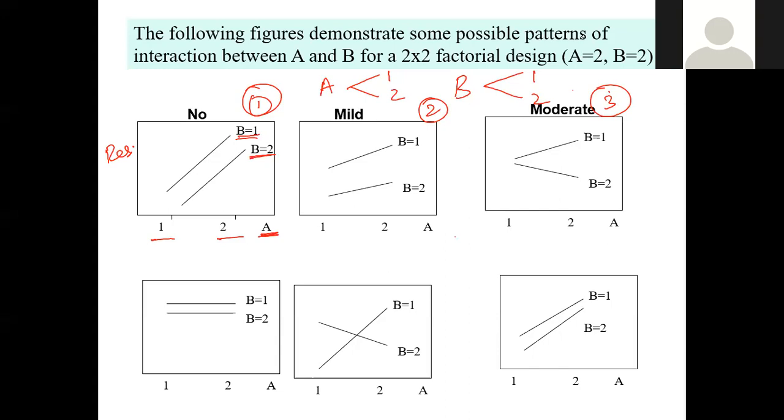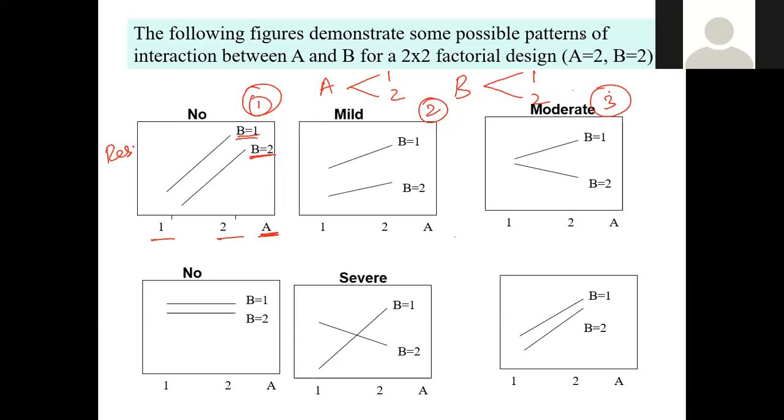No interaction, right? The 4th one is no interaction because these 2 lines are parallel. So you can simply, by closing your eyes, say if they are more or less parallel, there is no interaction. Normally, in reality, we don't get exactly parallel, but closer to parallel, then we can say no interaction.